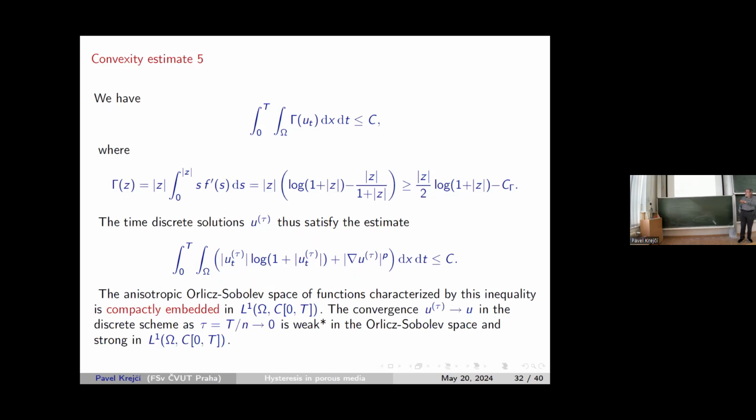And yes, when the derivatives are bounded in the Orlicz space generated by the function v plus v, which is a dual space to the conjugate Orlicz space, the convergence of the derivatives is weak star.